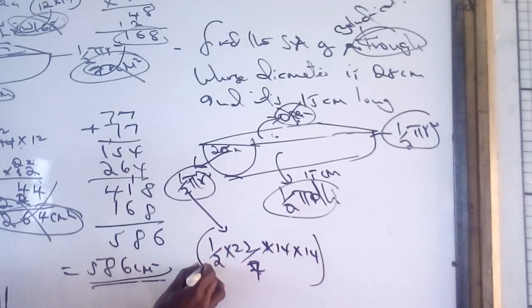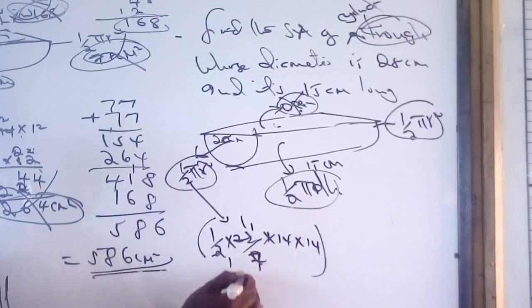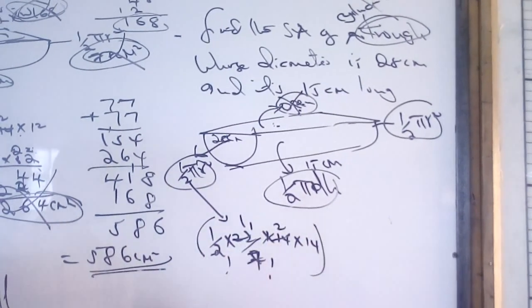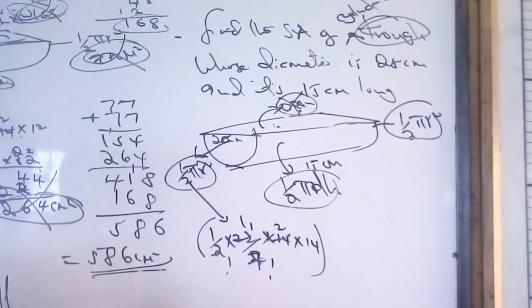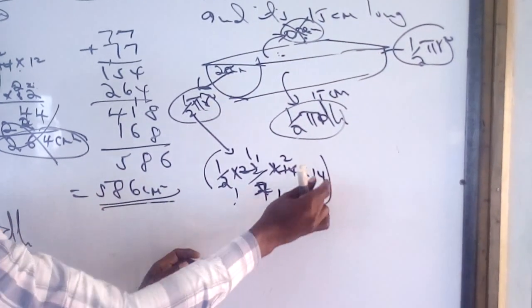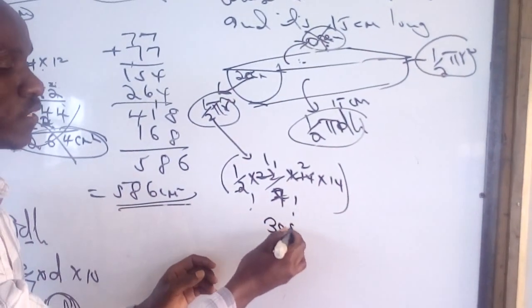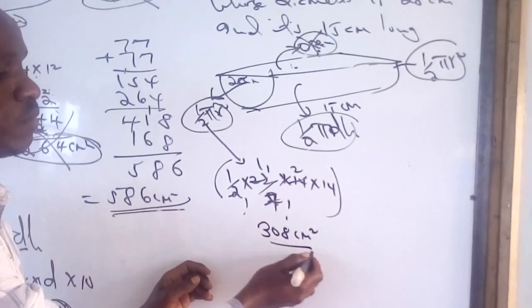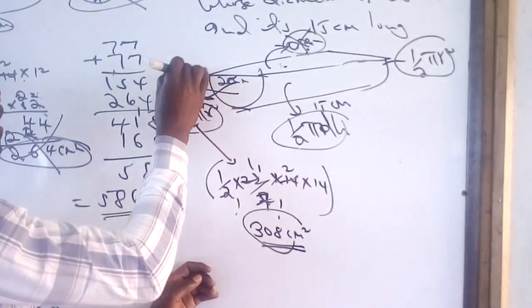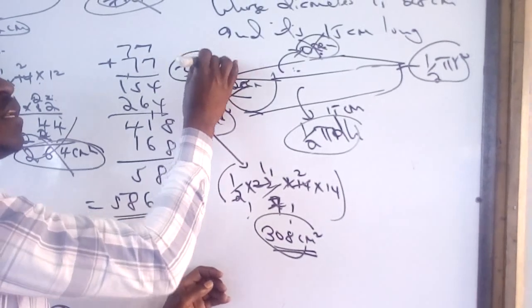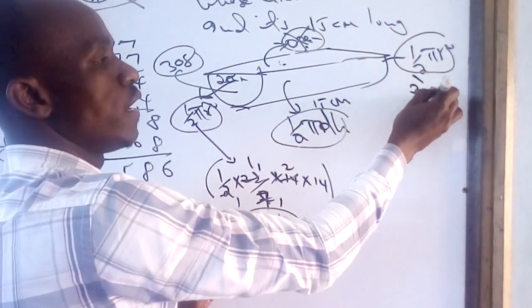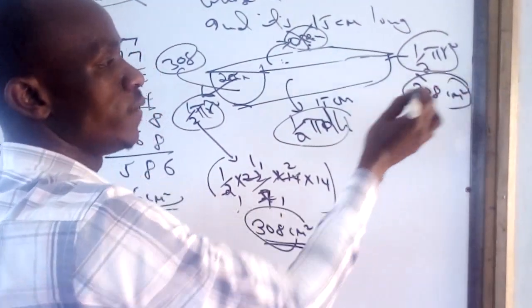By 2, 1, by 2, 11, by 7, 1, by 7, 2. Then we have 11 times 2, which is 22, times 14, which will give us 308 centimeters squared. So this circle is 308. This one is also 308 centimeters squared.